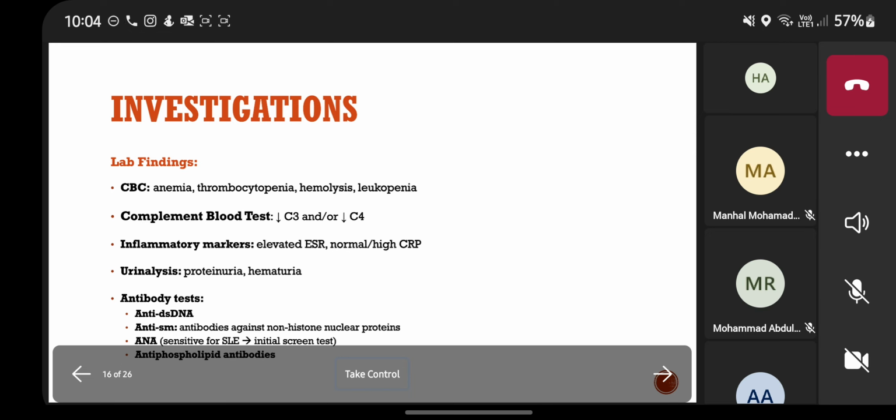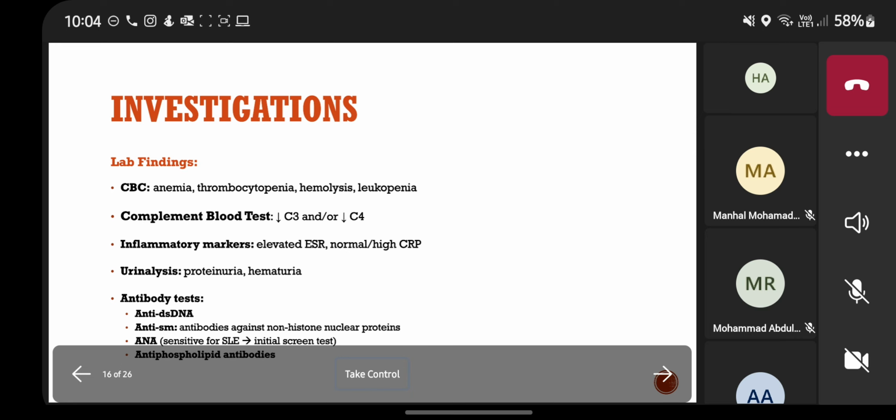Now the investigation. First of all, lab findings like CBC to see if there is anemia, thrombocytopenia, hemolysis, leukopenia. Complement blood test shows decreased C3 and or C4. Inflammatory markers are elevated because the disease initiates an inflammatory process, so elevated ESR and C-reactive protein are seen.